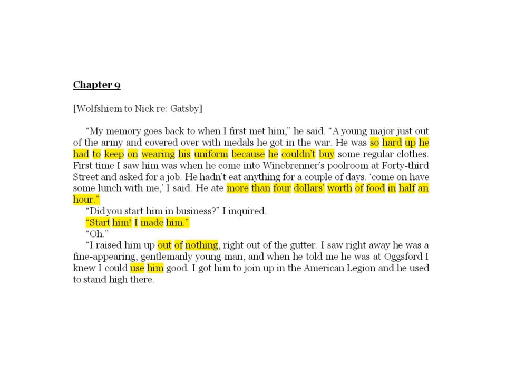Did you start him in business? I inquired. Start him? I made him. I raised him up out of nothing. And if you look here at this exploitative sort of language, I knew I could use him good. So in Fitzgerald's version of America in the 1920s jazz age, people are exploitable commodities. People are to be used in sort of self-promotion and self-preservation, and to increase one's own finances.